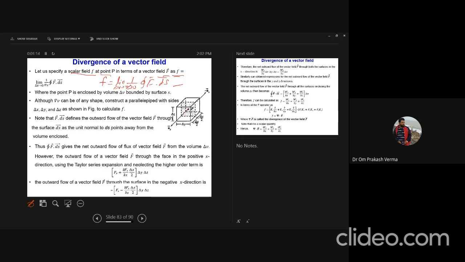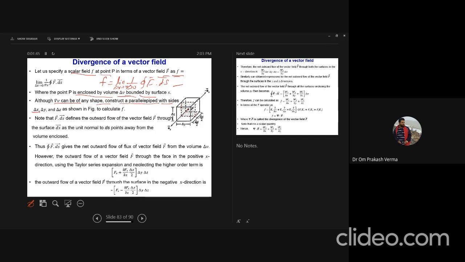Let's say we have the point P, which is enclosed by a small volume, that is delta V. This delta V is very, very small and bounded by a surface, right? Although delta V can be any shape, we have constructed a parallelepiped here, with sides delta x, delta y.